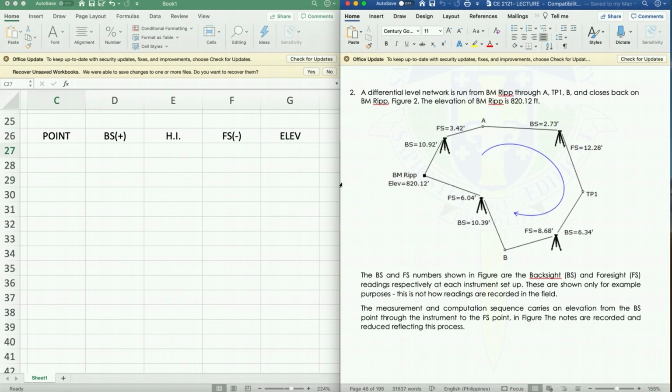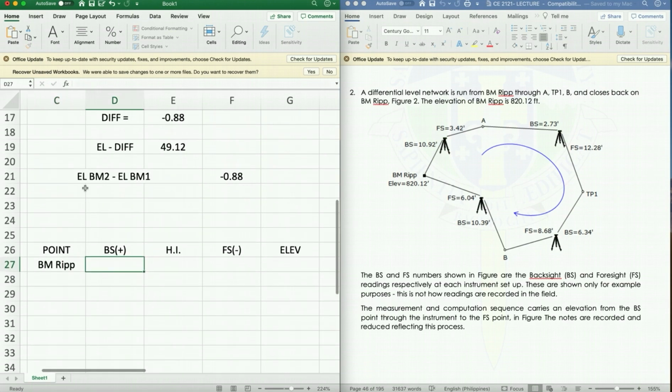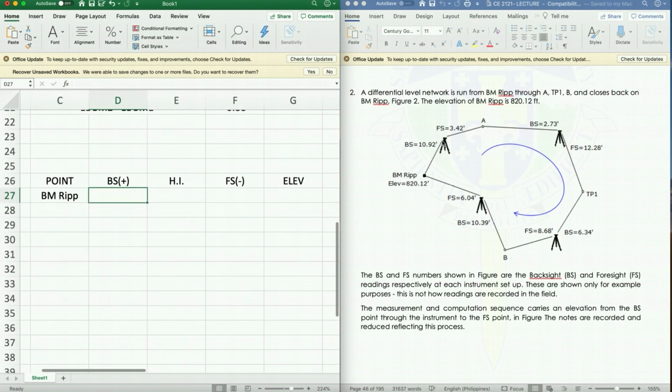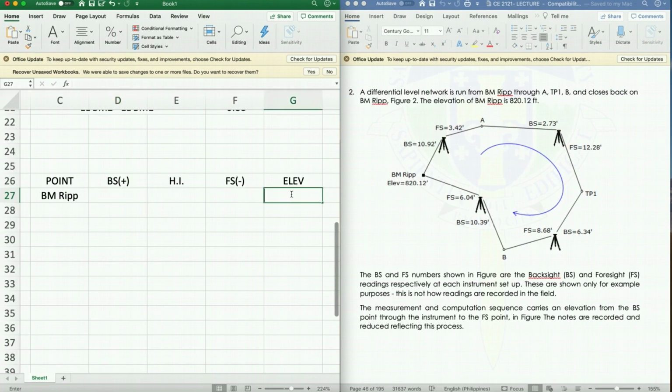So we have here BMRIPP. Okay, so we are pertaining to this instrument here. The elevation of BMRIPP is 820.12. Then the backsight reading is 10.92.